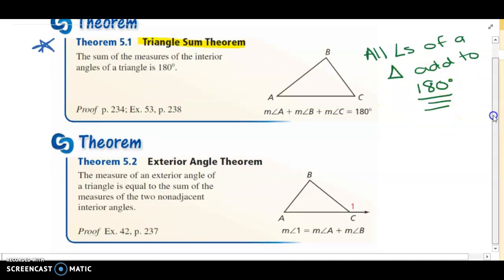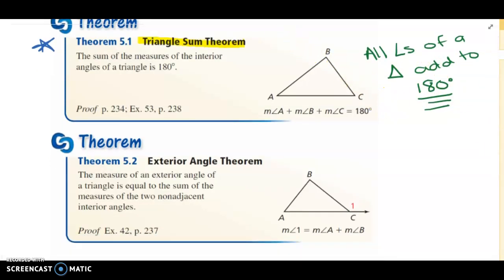Now this theorem down here is one that is often forgotten, and let me tell you, if you forget it, it's almost impossible to solve some of these problems. If you know it, it's easy to solve, but if you forget it, it's very, very hard, sometimes impossible.